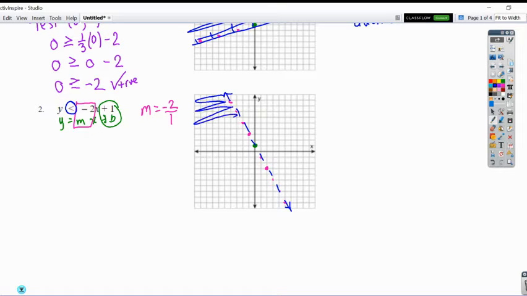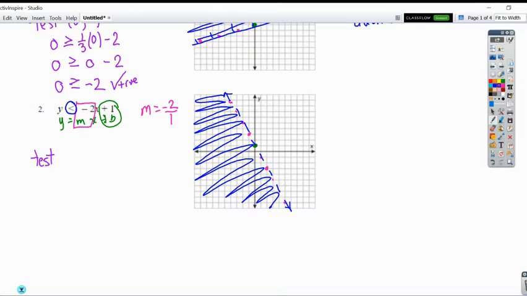And so yes, we can shade the lower side of that line. Again, if you wanted to select a test value for this, make sure that whatever test value you pick is not on the line. So you might use that 0, 0 again as another test value.